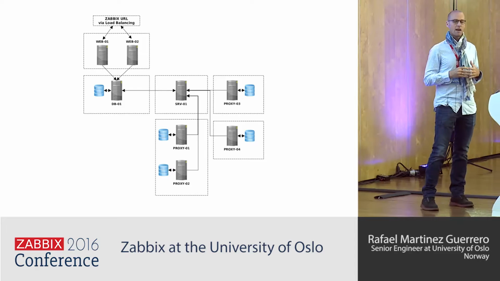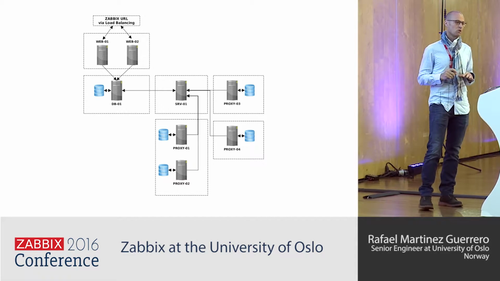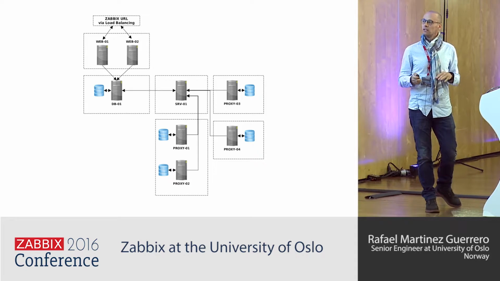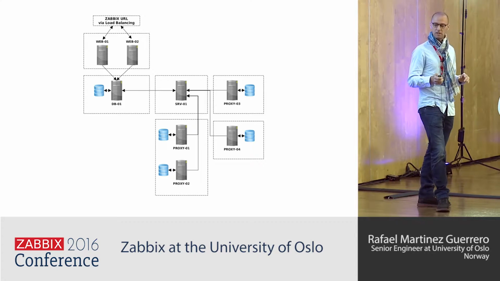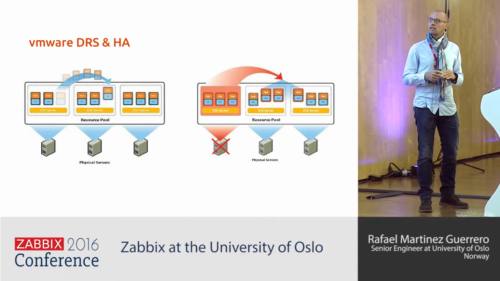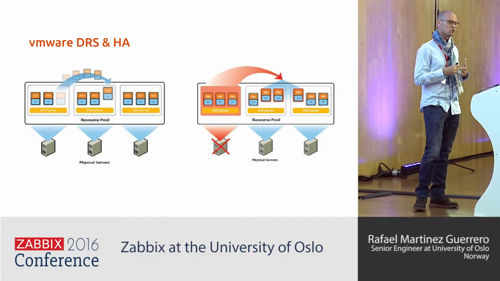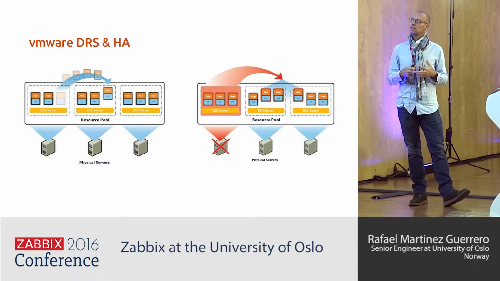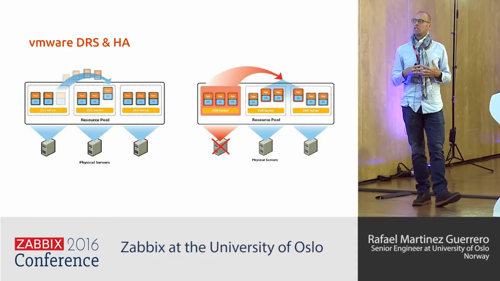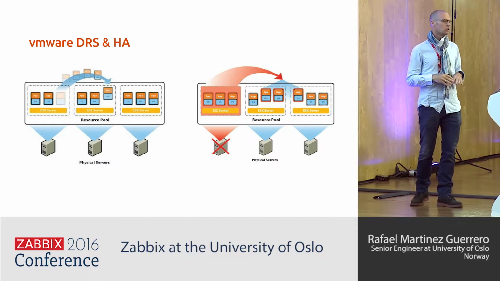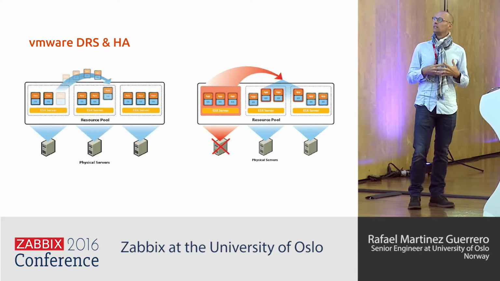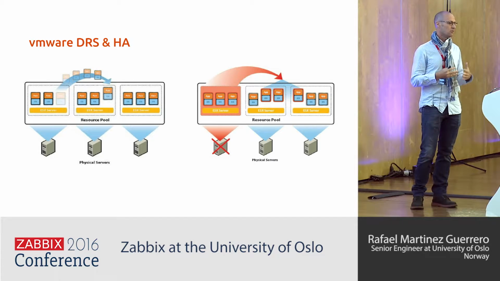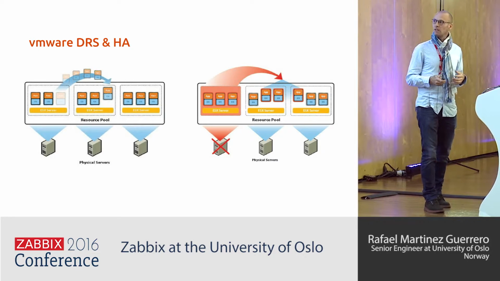As you can see, we don't have any replication of the database. We don't have any redundancy, for example, in the Zabbix server. Some are core components of the system. But that's because we are using the functionality that VMware is giving us in case a physical host goes down, or in case the physical host running one of the virtual servers has problems with resources.